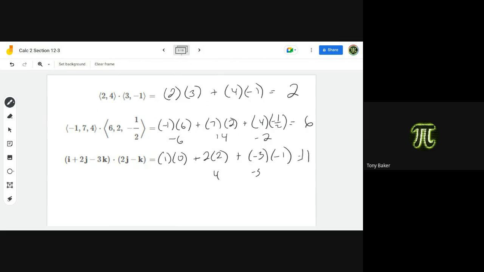So this equals 1. That's dot product. We're done. That is actually all the dot product is. It's just a matter of let's now actually figure out how we're going to use it.